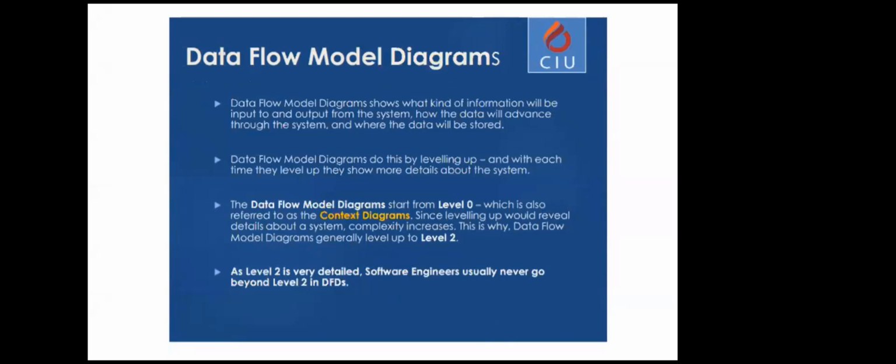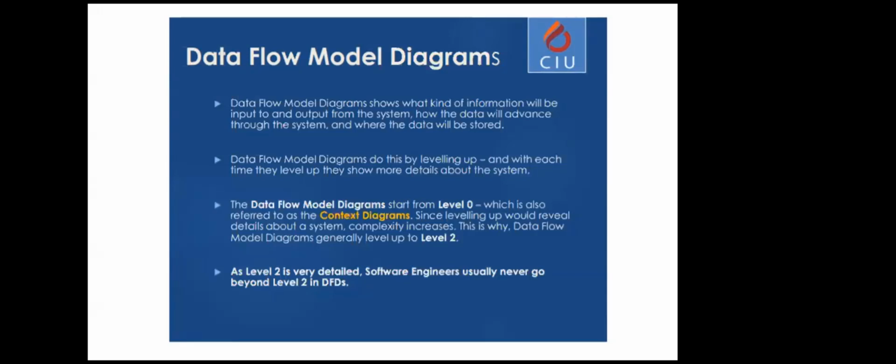At each level, you divide the processes into more processes or more data storage units. The external entities stay the same, but the processes themselves are divided into data stores, data storage units, or more processes. Data model diagrams show what kind of information you will put into and output from the system. So it's a two-way thing, and you can level them up.